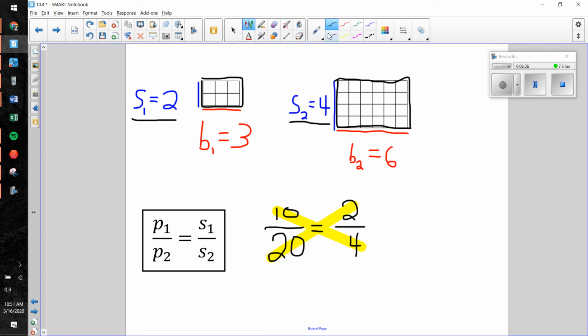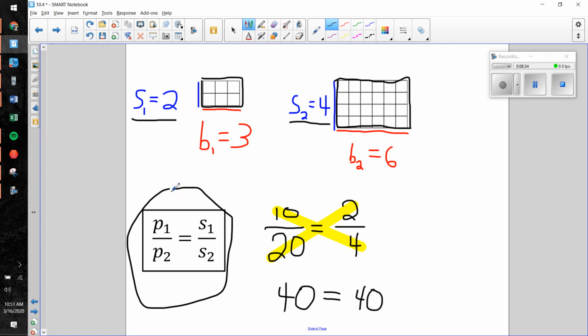And if we were to do that, I think we would see that the 10 times 4 is going to get us 40 for our first cross product. And then that's going to equal, here we go, the 20 times the 2, which is also going to be 40 for our second cross product. So that kind of verifies that theorem right there, everybody, that says that the ratio of two perimeters is the same as the ratio of the corresponding sides.